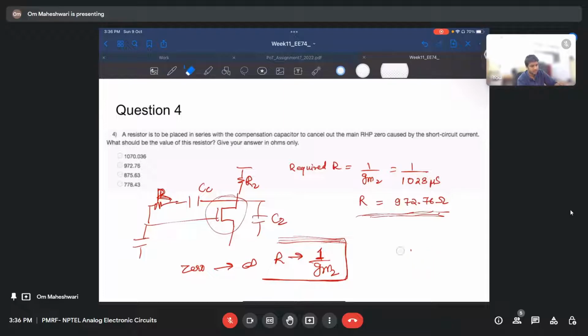You should get in the denominator something like 1 by GM minus R. So if R is 1 by GM, then the denominator is 0, and it will tend to infinity. If your zero is at infinity, that means it has no role in the circuit, and that is what we essentially want to do by compensation.